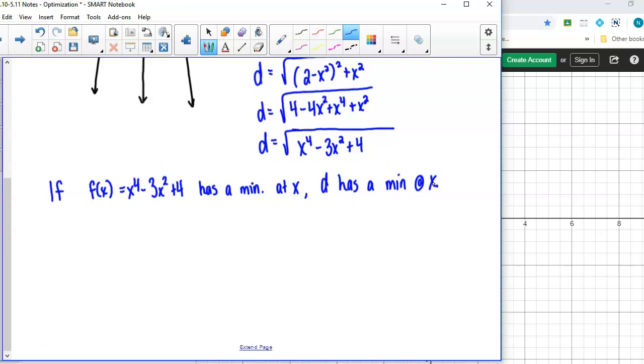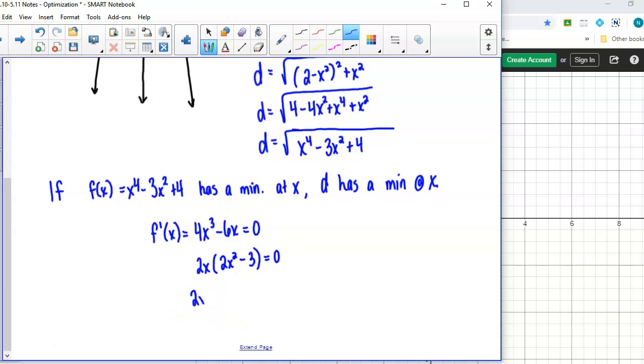So rather than looking at d, I'm just going to look at the derivative of f. So f prime of x would be 4x to the third minus 6x. And then I can set that equal to 0. So I would have 2x times 2x squared minus 3 equals 0.